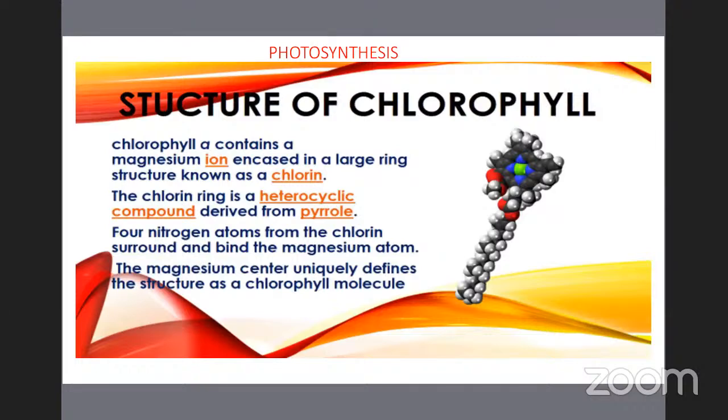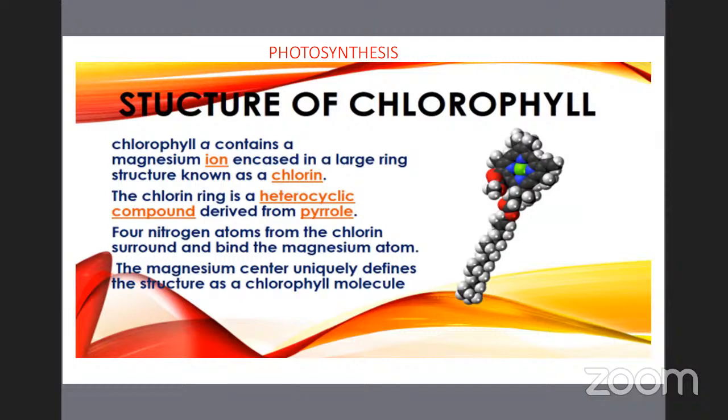In our previous slides, we have discussed that the chloroplast is the most essential organelle of the plant, which helps in performing photosynthesis. That chloroplast helps in storing the pigment like chlorophyll. So this chlorophyll is a main important material to perform photosynthesis.